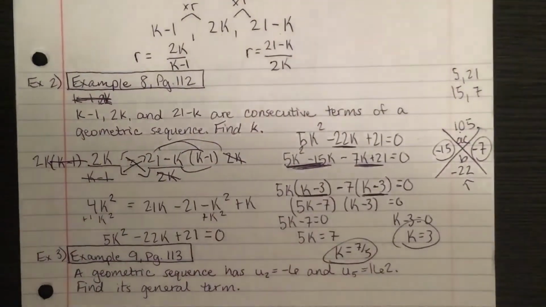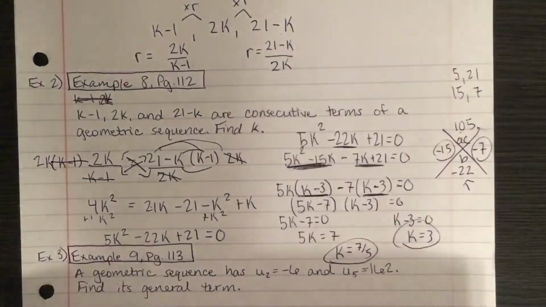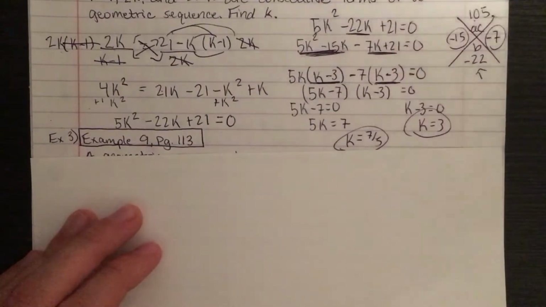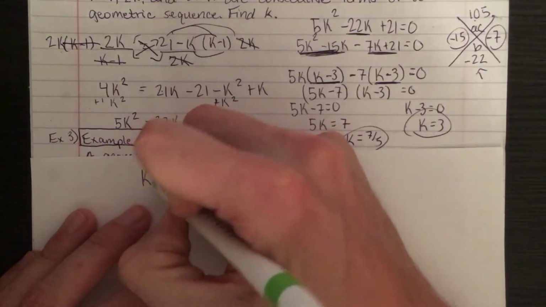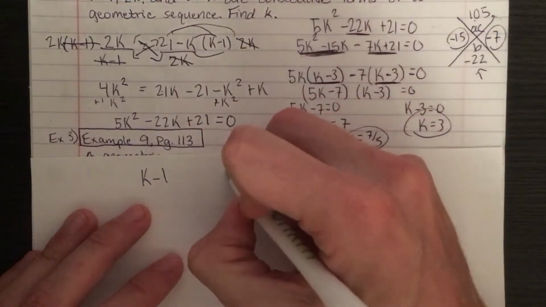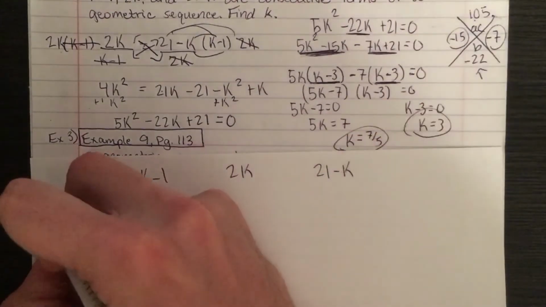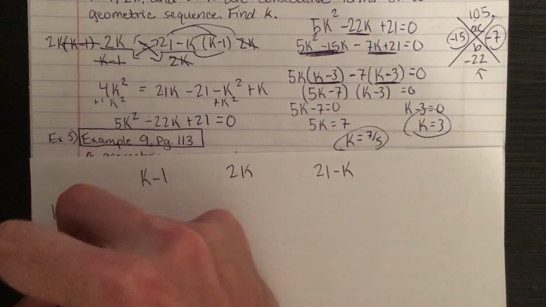And what we're going to do real quick, I'm just going to show you all that that is indeed a geometric sequence, because I would be remiss if we did all that work just to not see the fruits of our labor. So we said k minus 1, and you can feel free to write this down or not, but I just want to prove to you all that what we just found is in fact a geometric sequence.